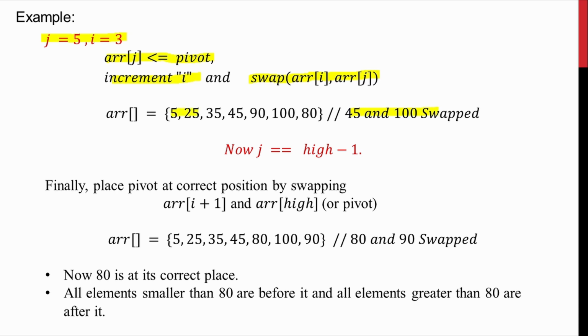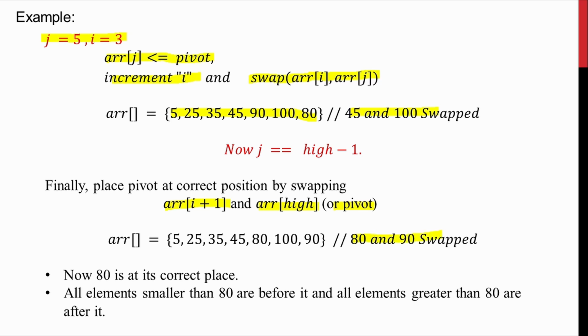So now we have this array, and after the completion of this loop, j points to the next element, that is high. So finally, place the pivot at the correct position by swapping i plus 1 with the array at high, that is the pivot, meaning 80 is swapped with the 100.